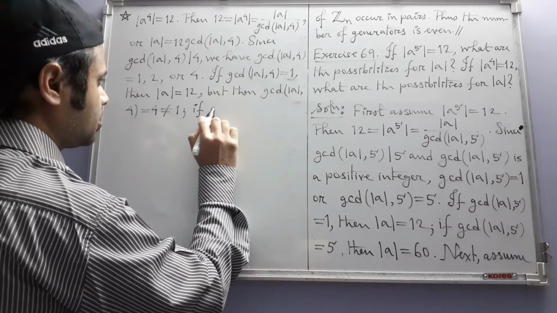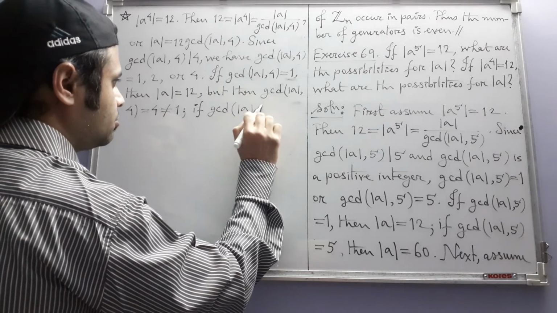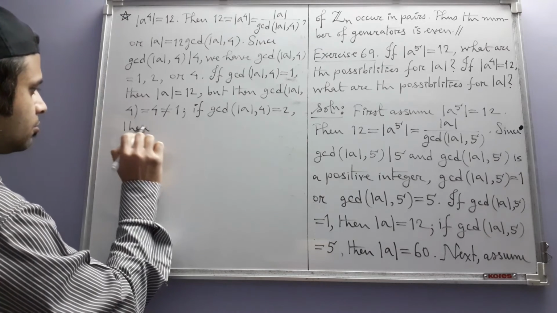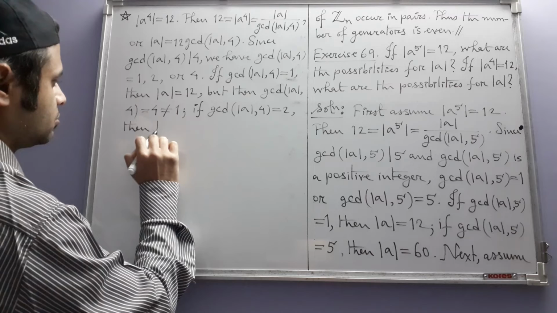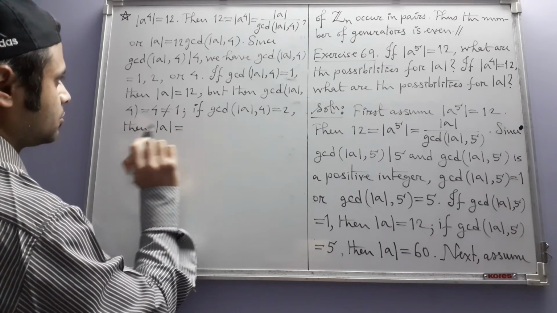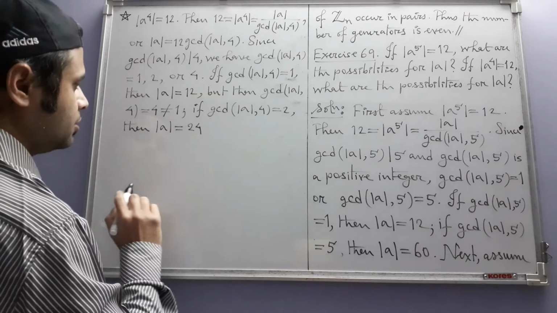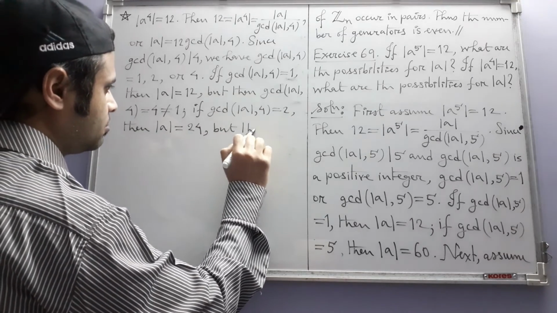If, on the other hand, the GCD of these two things is 2, then what is the order of a? It will be 24. But then again we have a problem.